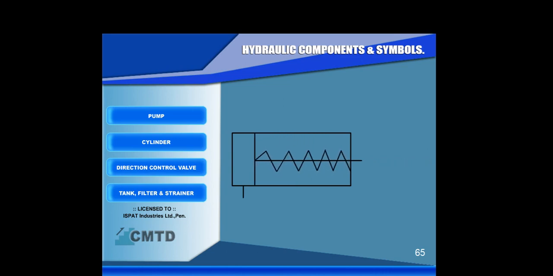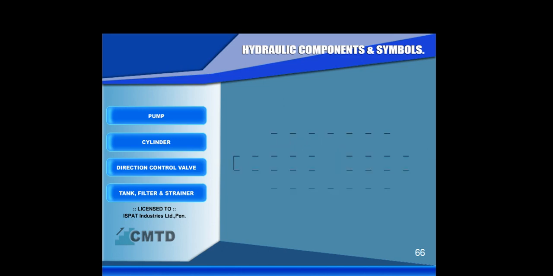During the return stroke, the cylinder is connected to tank and the compressed spring pushes the piston. In some cylinders, the piston rod is extended on both sides. This is called a double rod cylinder. This is the symbol of a double rod cylinder.